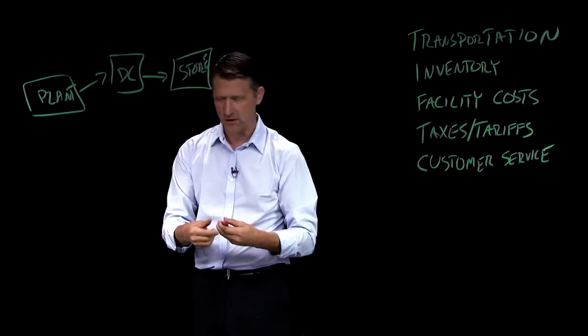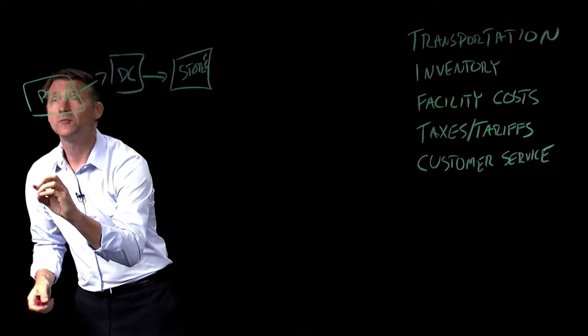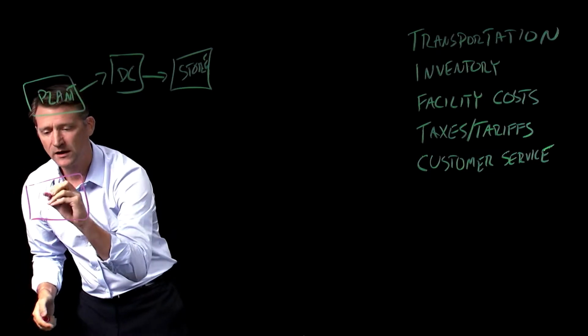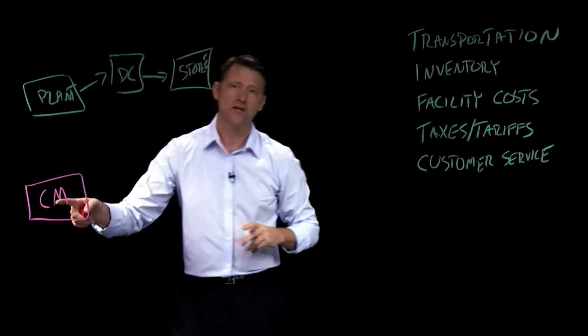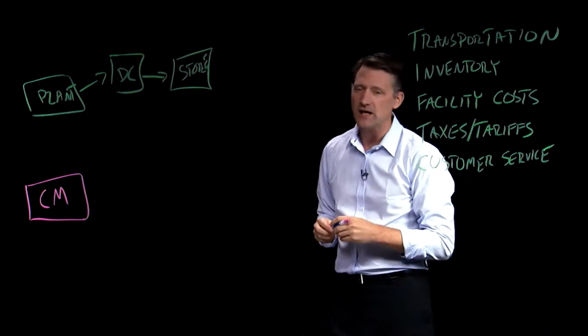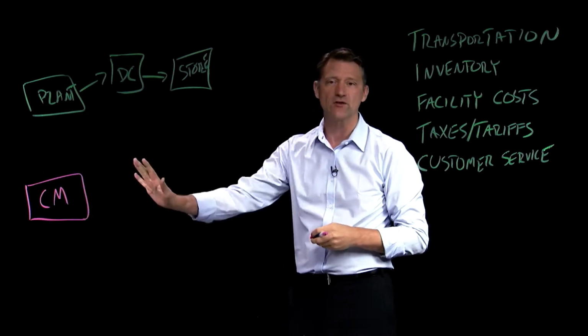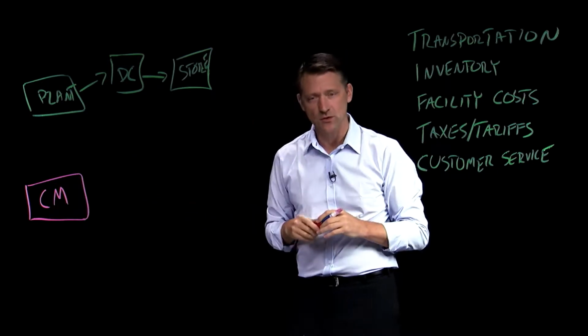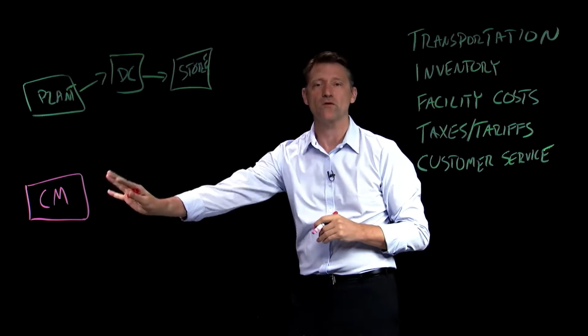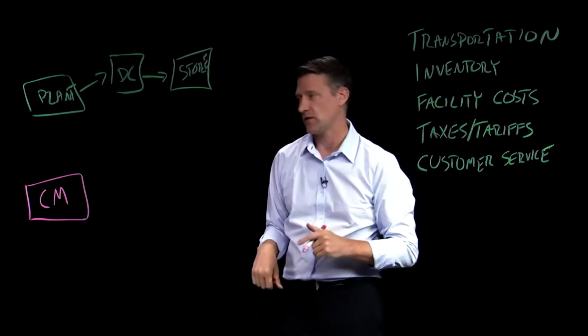And so if I think about the apparel supply chain, I might manufacture these at some manufacturing plant. I'll actually call this CM because in this industry, lots of the product is manufactured by contract manufacturers. So the brand, the name on the store that you would see probably aren't manufacturing it. They're contracting with somebody to manufacture it.